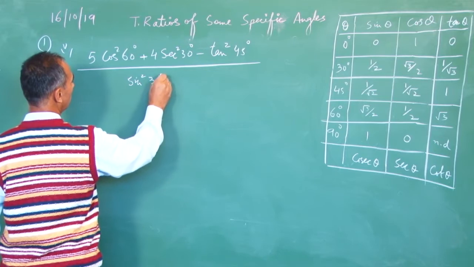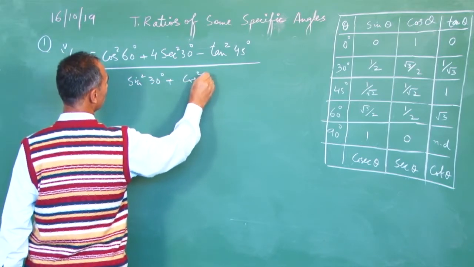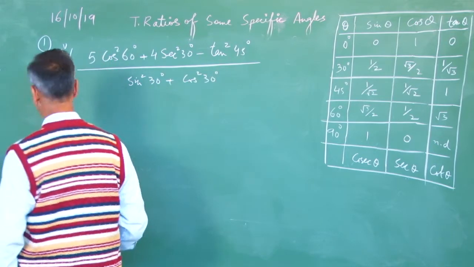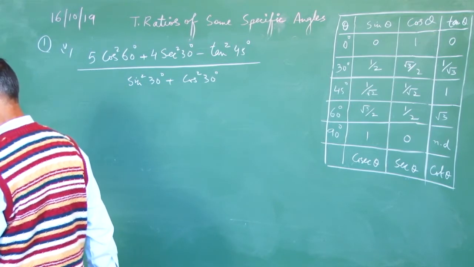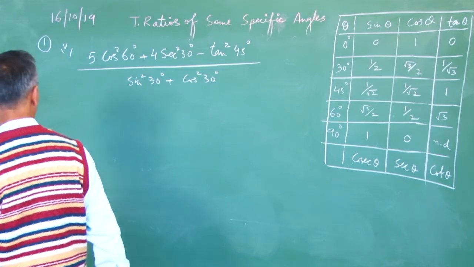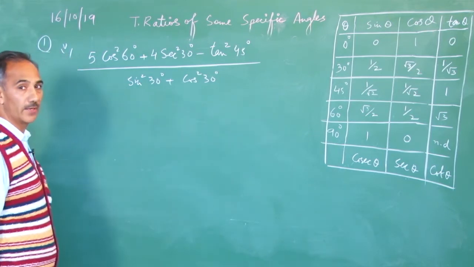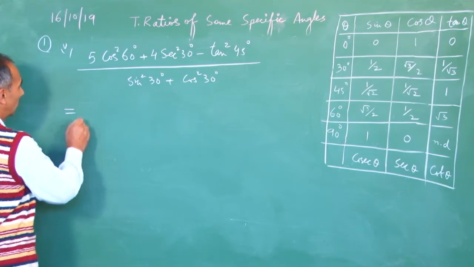So 5 cos square 60 plus 4 sec square 30 minus tan square 45 on sin square 30 plus cos square 30. So you are asked to find the value of this trigonometric expression.